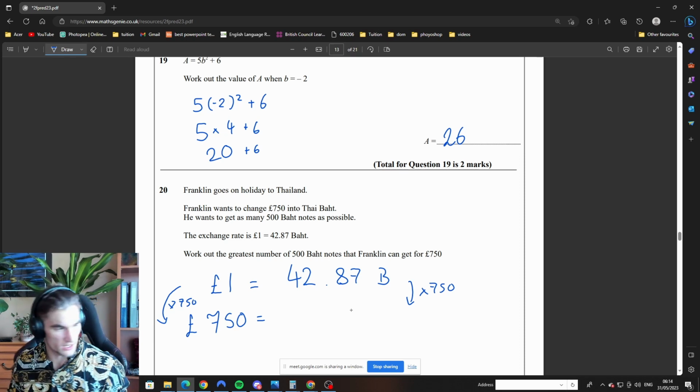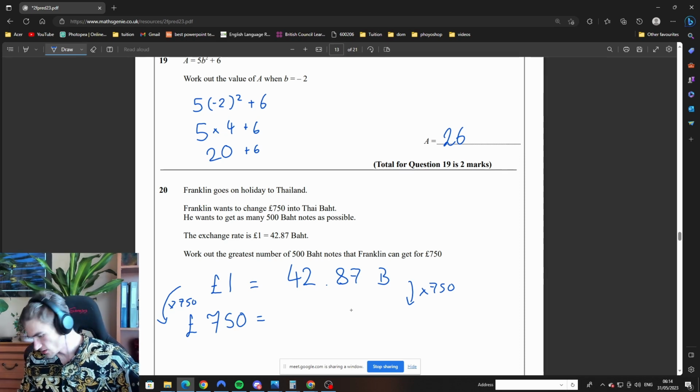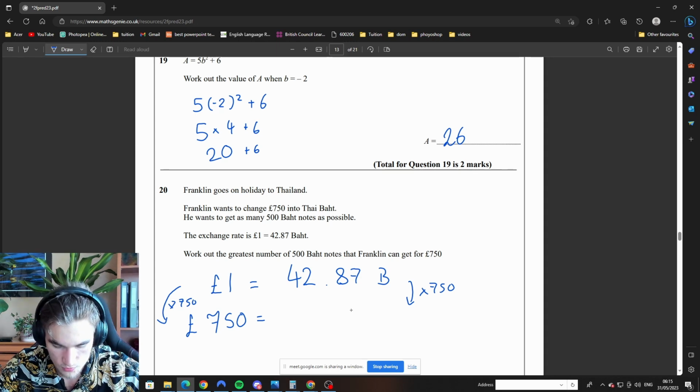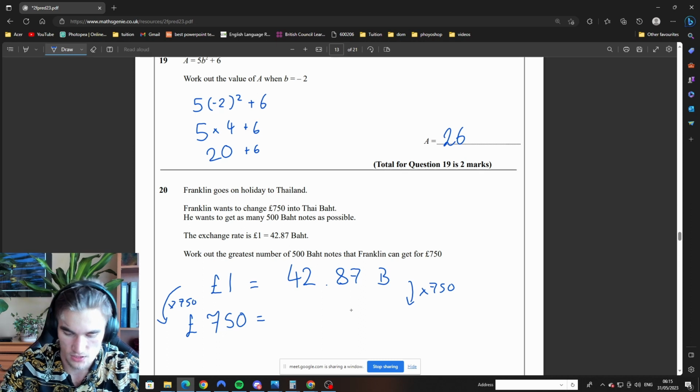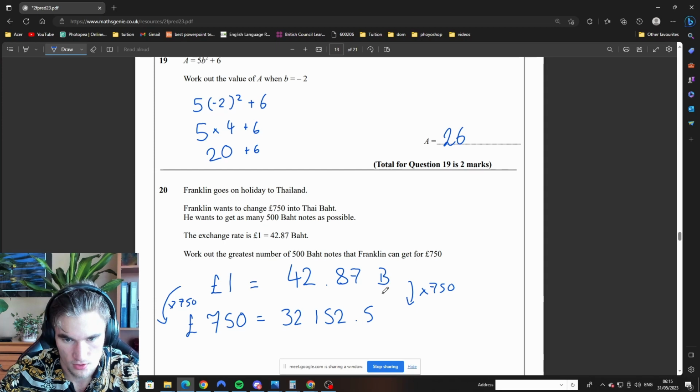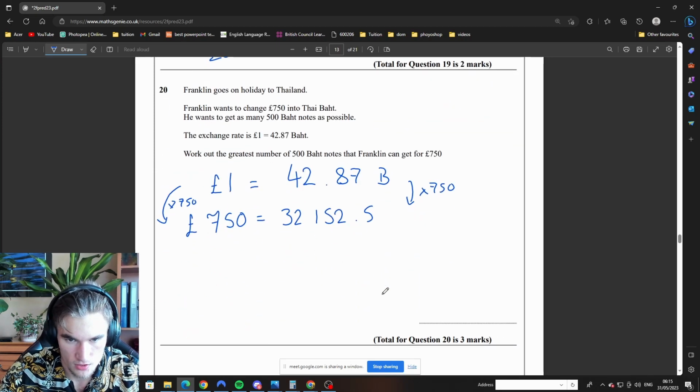So where's my calculator? Here it is. 42.87 times by 750. Okay, so he's going to get 32,152.5. Right? So how many 500 banknotes can he make out of this?